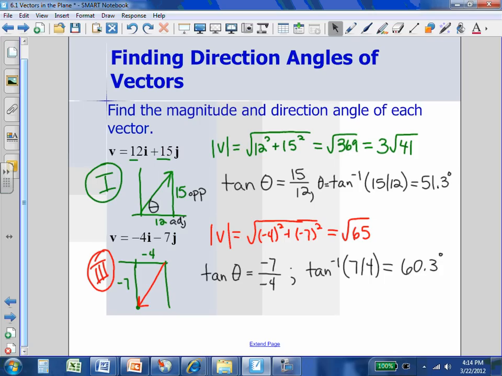So it's telling us that our angle is over here. This is 60.3 degrees. That's not where we want to be. In fact, it's 180 degrees from where we want to be. Therefore, we're going to find our theta, take that 60.3 degrees, and add 180 degrees onto it, and we will arrive at 240.3 degrees.